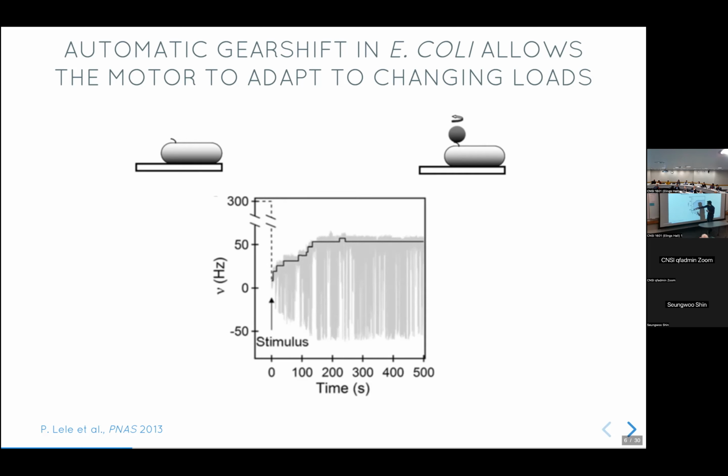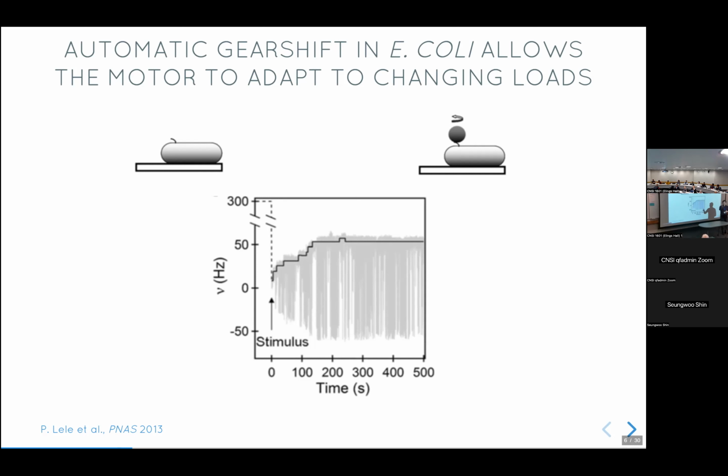And this arrow represents when the stimulus was applied, when the bead was first attached. Initially, this bead rotated at a very low speed, at about 5 hertz. But over time, in just a matter of 2 or 3 minutes, the speed increased, ending up at about 50 hertz. So it's like in your car, initially your engine is kind of struggling to keep you going, but then it speeds up.